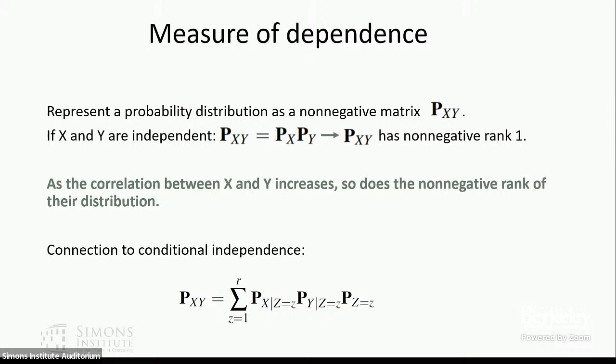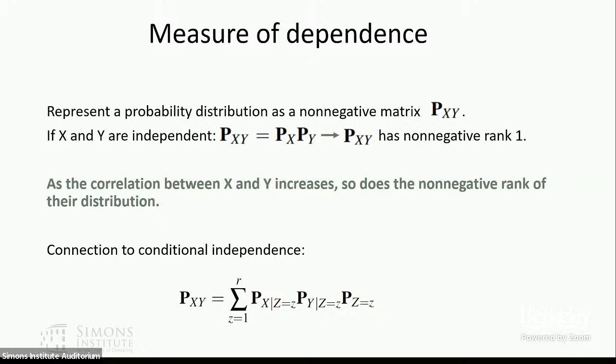Again, the more correlation we have between X and Y, the higher the cardinality of Z must be in order to explain this conditional independence. So I hope you can see this correspondence: here, as the non-negative rank increases, X and Y can have stronger correlations, and here it is the same, but with the cardinality of Z.